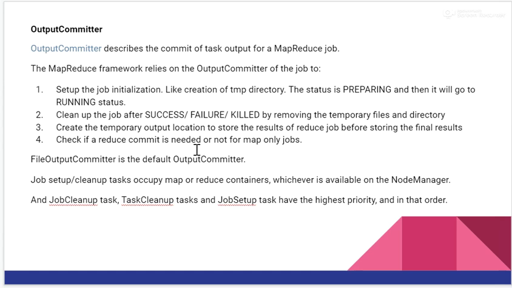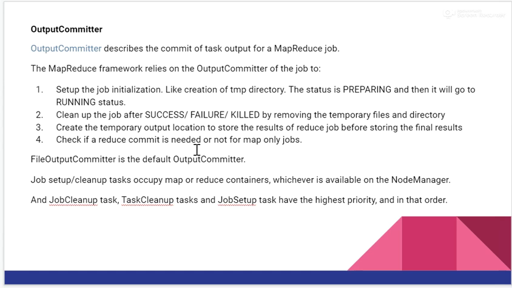All the temporary directories are cleaned up. It also takes care of a map-only job, where you're trying to only perform a map operation on your entire data set, with no aggregation operation of any sort.